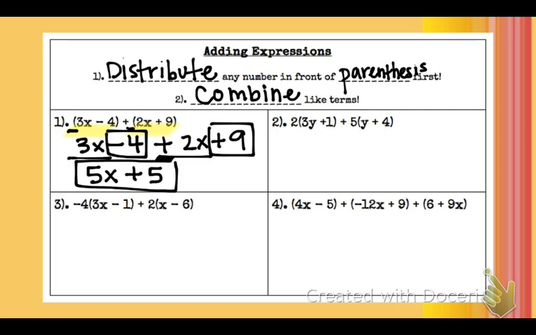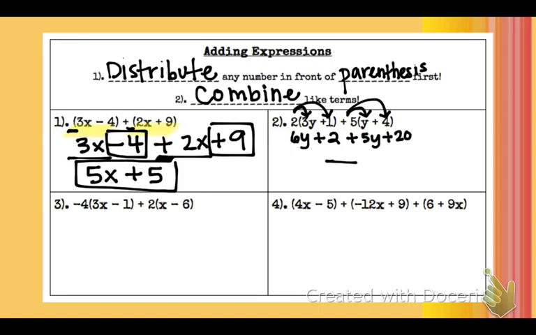Let's try number 2. Okay, is there anything to distribute? Yes, so we need to distribute our 2 to each term inside. And 2 times 3y is 6y. 2 times positive 1 is positive 2. And then I'm going to distribute my positive 5. So that gives me positive 5y and positive 20.